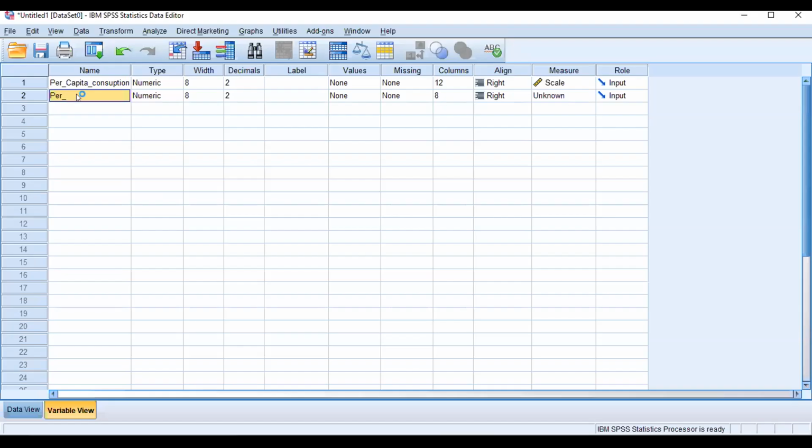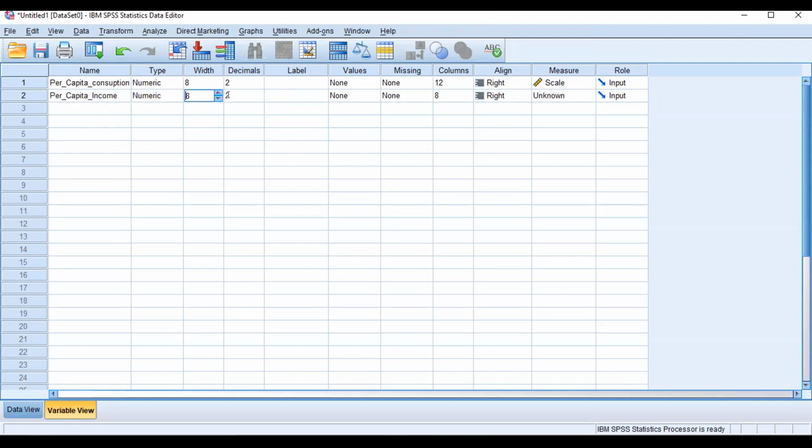Suppose I'm just checking on this. If you have missed something, then we can go here, because it is in numeric characteristics.